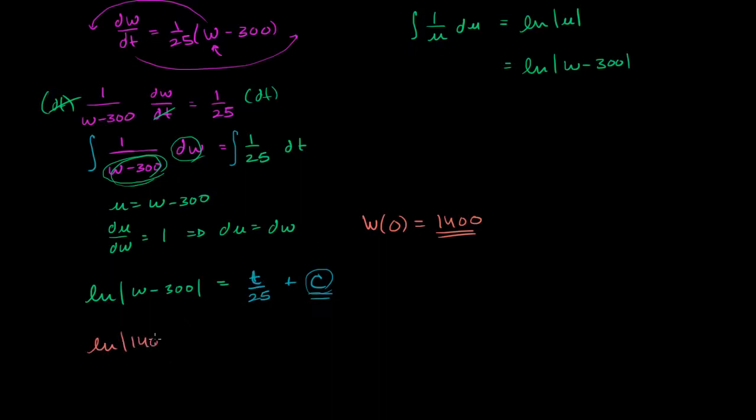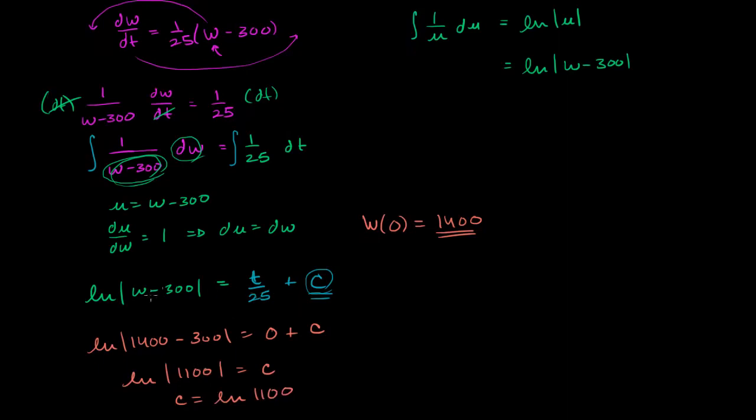So the natural log of the absolute value of 1,100 is equal to 0 plus c. And obviously this is a positive value, so we can just say that c is equal to the natural log of 1,100. We can drop the absolute value signs because the absolute value of 1,100 is 1,100.